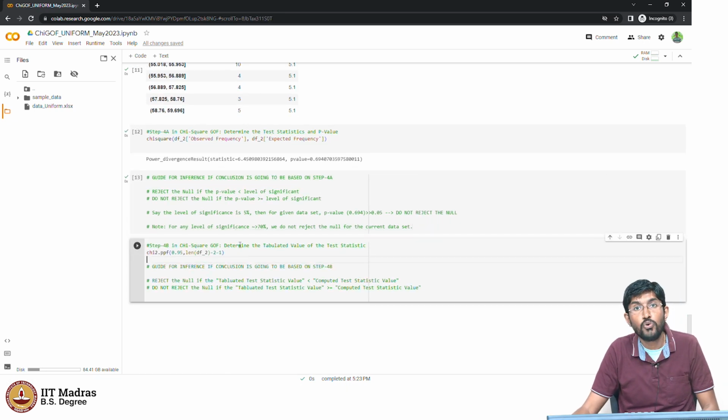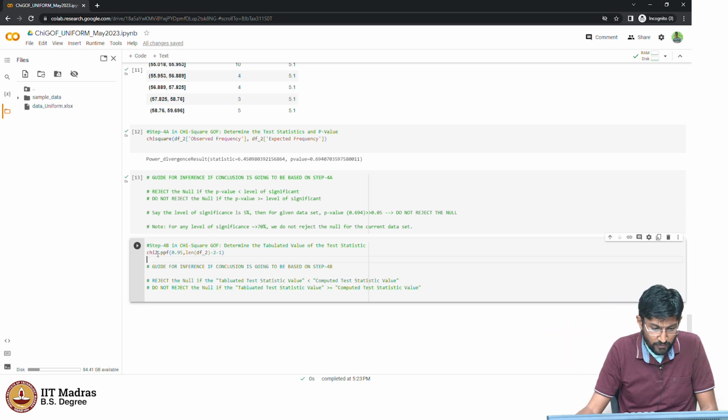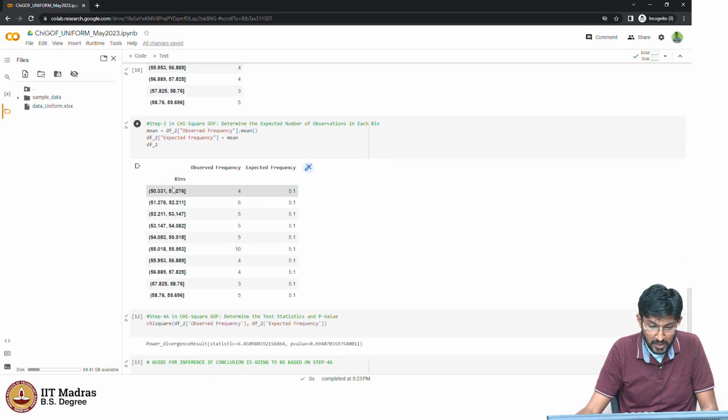Of course, I could also compare with a tabulated test statistic. For that, I use the command chi2.ppf and input the 95% confidence level, so 1 minus alpha, which is 0.95, and the degrees of freedom, which is k minus p minus 1, where k is the number of bins.